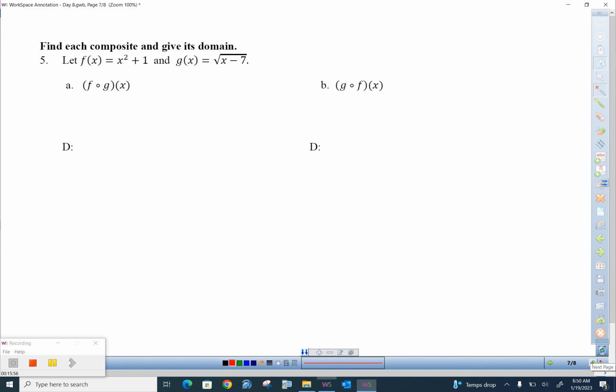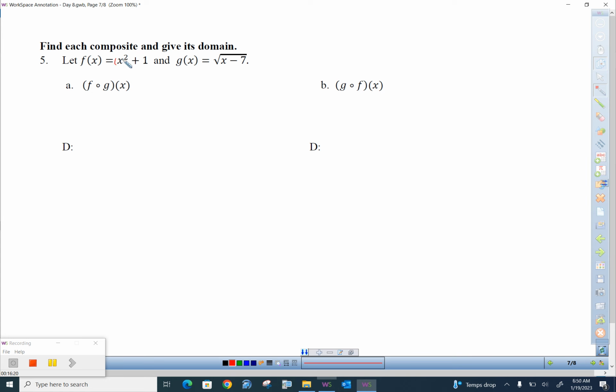Last thing we're going to do is talk about composites with inverses. The first example here is just a composite to refresh our memory on those before we get to how they're used to prove if two functions are inverses of each other. It's another method. So on this one, it wanted f first.